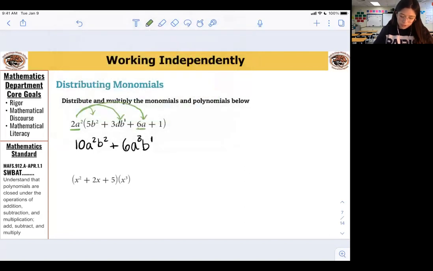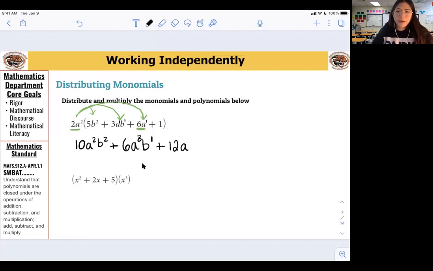2a squared times 6a. Two times 6, I get 12. Good. I have an a to the power of 2 times a to the power of 1.